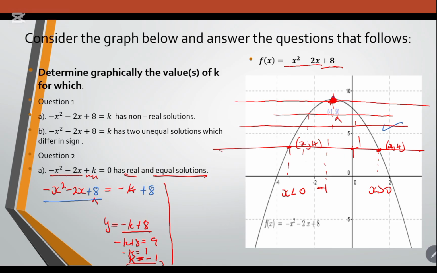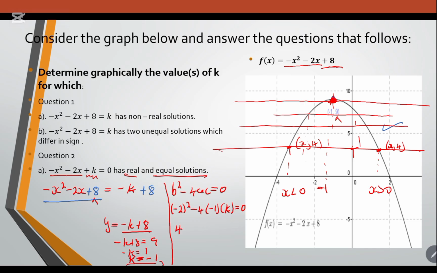So we simply write b squared minus 4ac equals 0. So this is -2 squared minus 4 times -1 times k equals 0. And we solve for k.